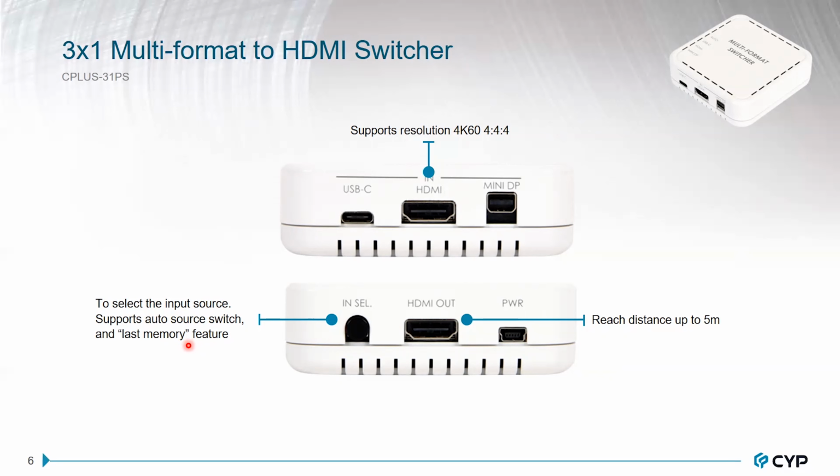And the user can also manually select the input source by pressing a button. The unit supports resolution up to 4K 60 4:4:4, and the HDMI output reach distance is up to 5 meters.